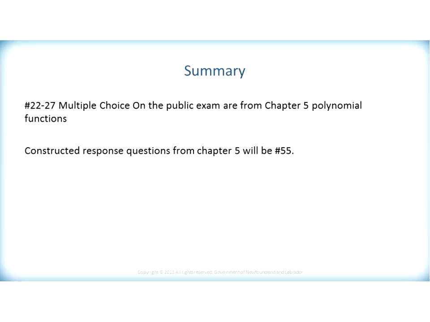So in summary, multiple choice numbers 22 to 27 on the public exam will be from Chapter 5, Polynomial Functions, and the constructed response item will be number 55. You have to be very careful here. You have to know the characteristics very well.